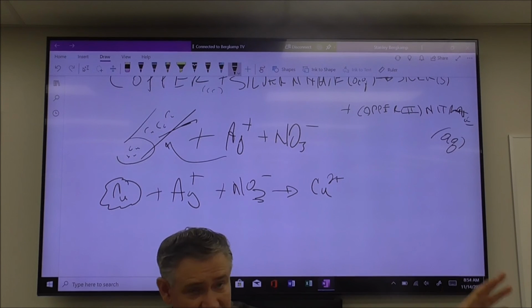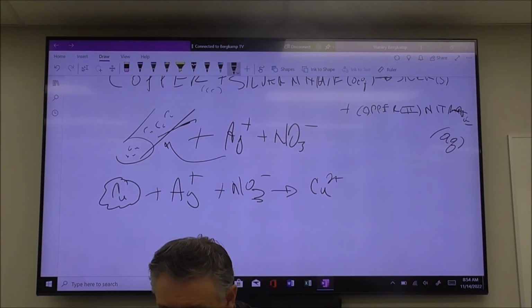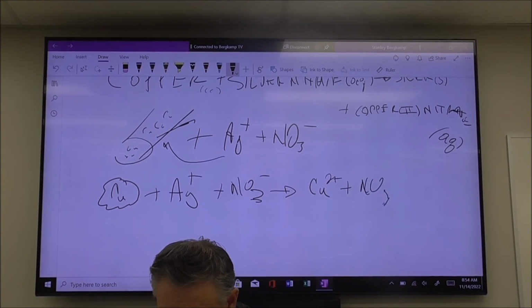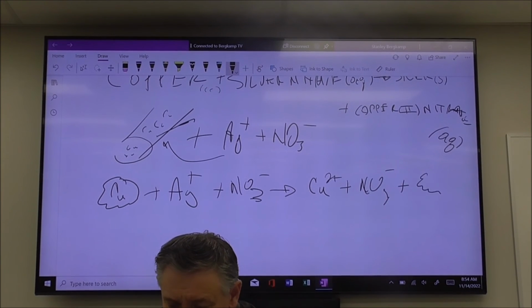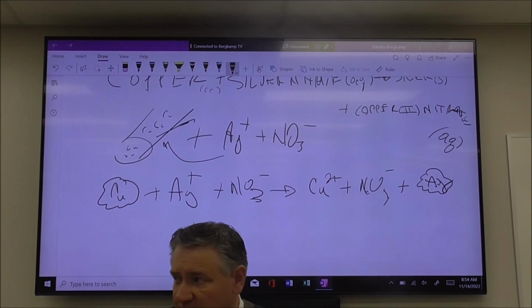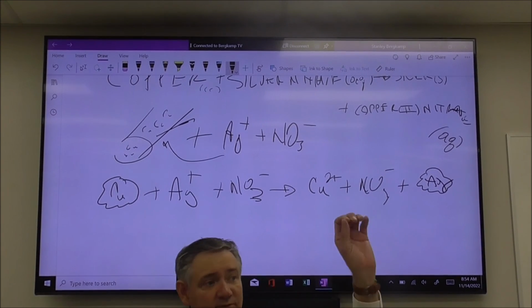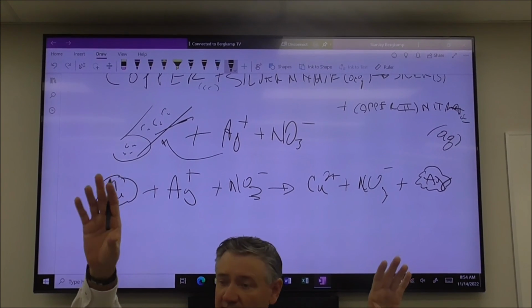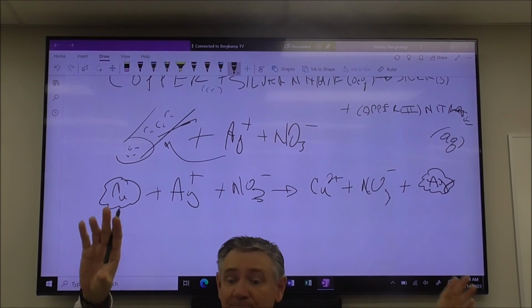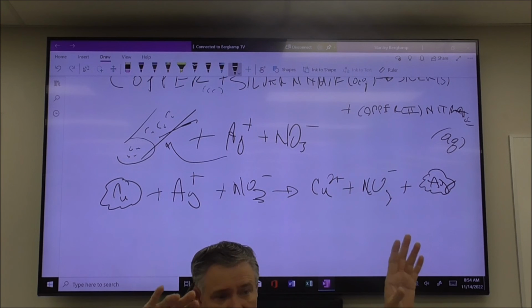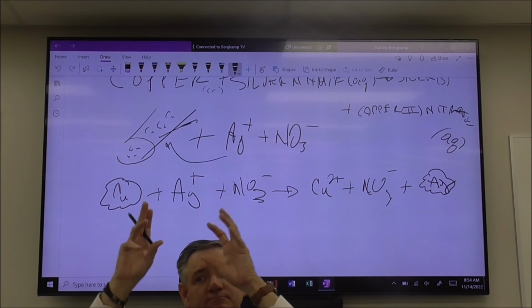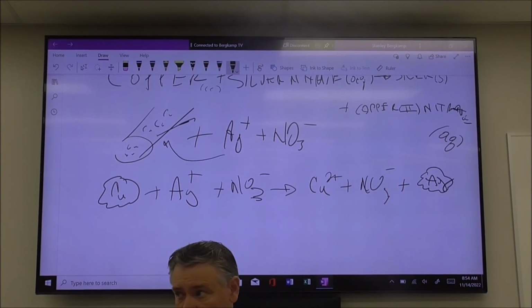So those are going to be existing as ions. You're going to have nitrate still existing as ions, but then you're going to have a chunk of silver. Okay, so we went from a chunk of silver, a chunk of copper, a silver ion and a nitrate ion, to a copper ion, a nitrate ion, and a chunk of silver. Okay?